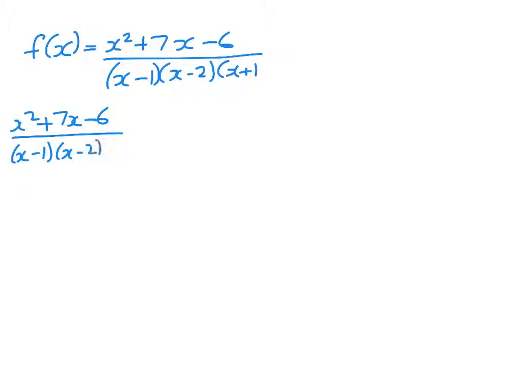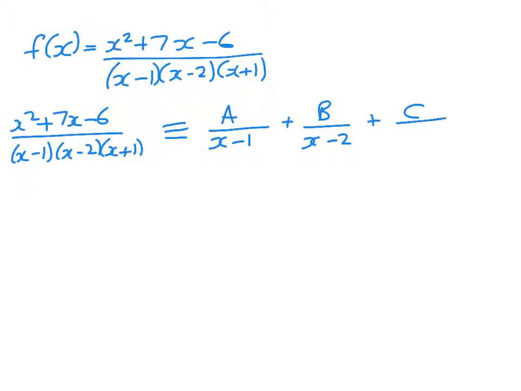Right, please, when you're practicing this, don't skimp on the working. It is really important. So that's identically equal to a over x minus 1 plus some number b over x minus 2 plus c over x plus 1.